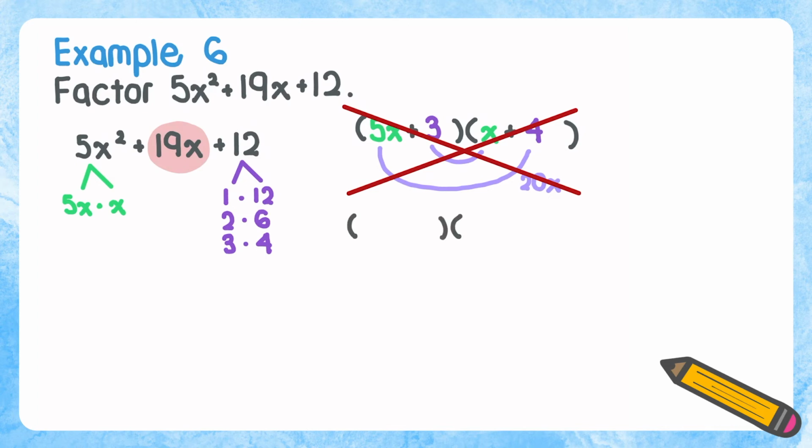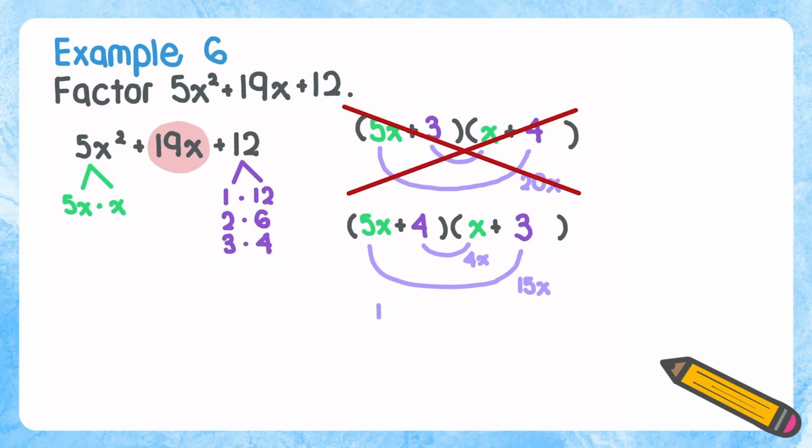So maybe let me switch this pair that we just used. So I'm going to do 5x and x still. So I'm going to switch it around and I'm going to try 5x plus 4 times x plus 3. So I'm going to multiply the outside terms together and the inside terms. So 5x times 3 is 15x, and 4 times x is just 4x.